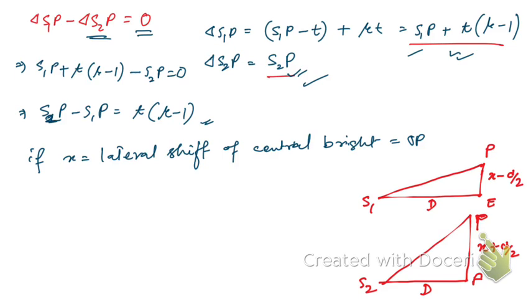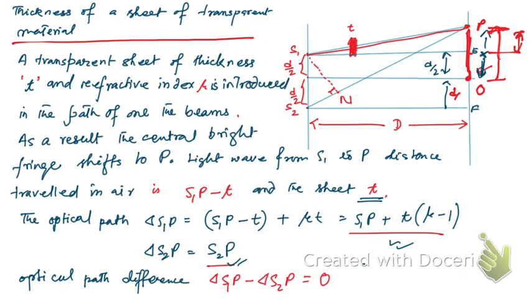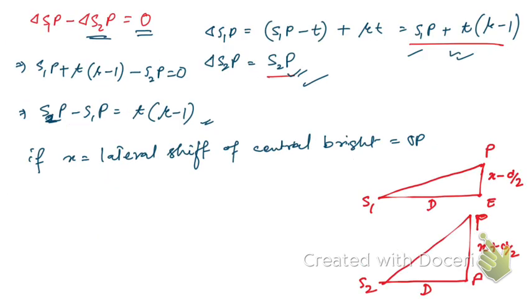Now you see, we don't need this perpendicular SN now, just wait, we don't need this. Now from triangle S1PE, what we get, S1P whole square, if you apply the Pythagoras theorem, is d square plus x minus d by 2 whole square.